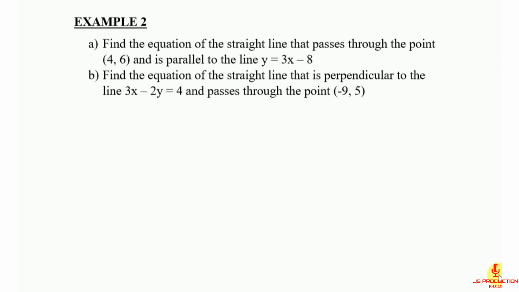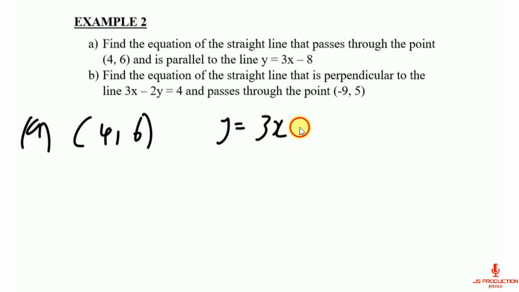So this parallel line passes through (4, 6) and it is parallel to this line, which is y = 3x minus 8.